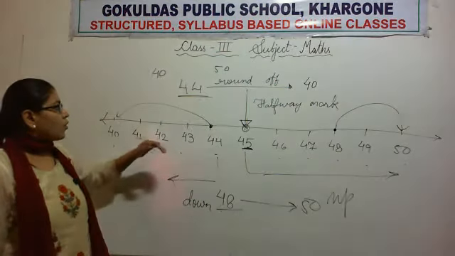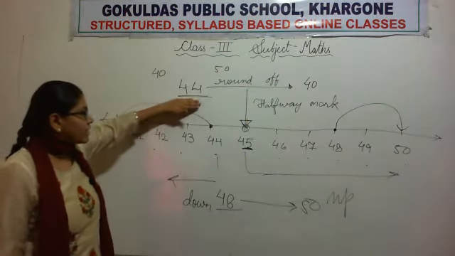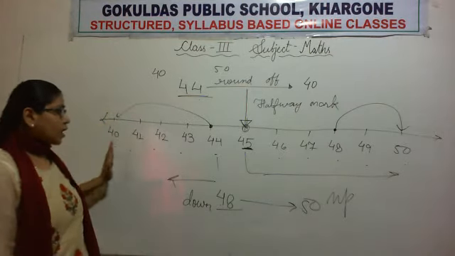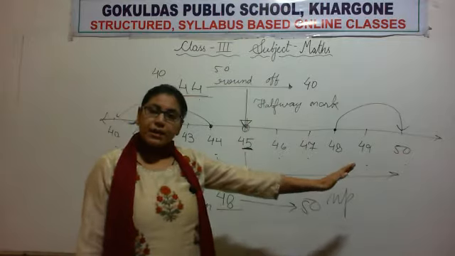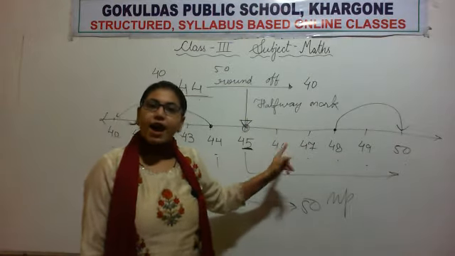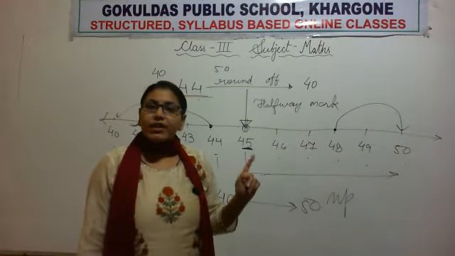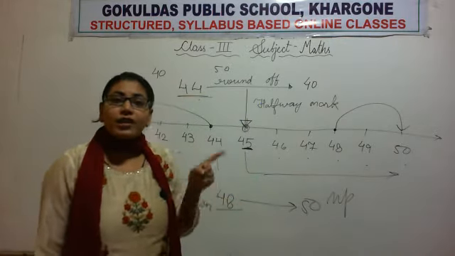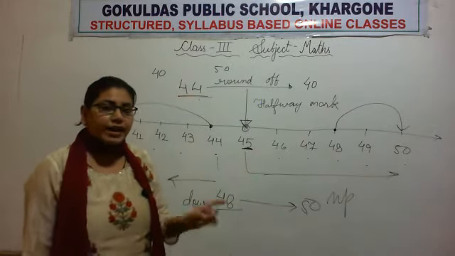So, first of all, we will see where the number lies. Then we will write all the numbers on the number line, then mark the halfway mark, then check whether our number is right of the halfway mark, left of the halfway mark, or the halfway mark itself.